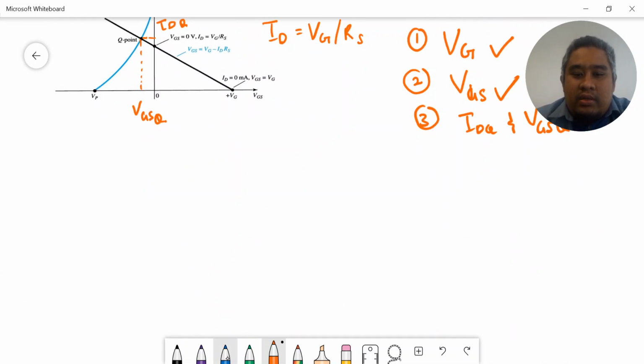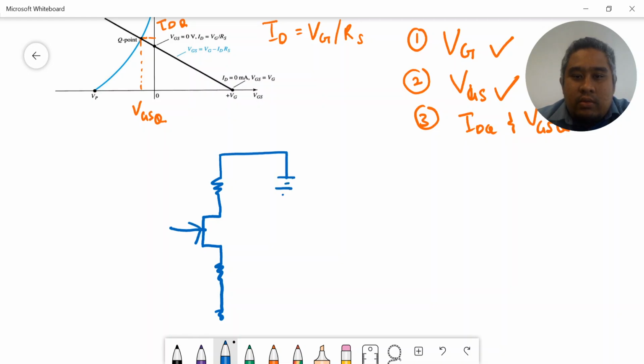Next, by using the same circuit, we can draw again here: VDD, RD, RS, and this one positive, VDS. So we can use this second loop to find VDS.